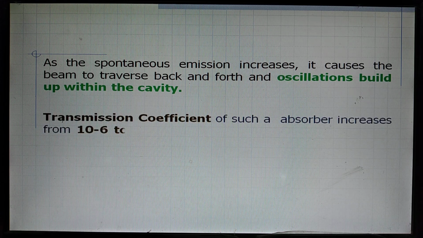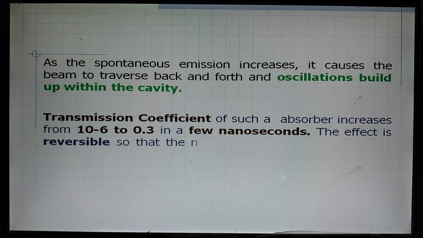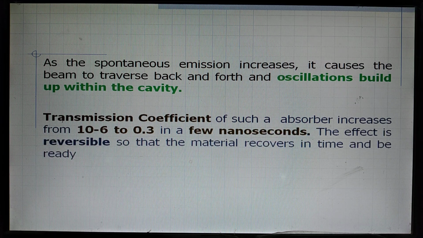The transmission coefficient of such an absorber increases from 10 to the minus 6 to 0.3 in a few nanoseconds. The effect is reversible so that the material recovers in time and is ready for the next pulse.